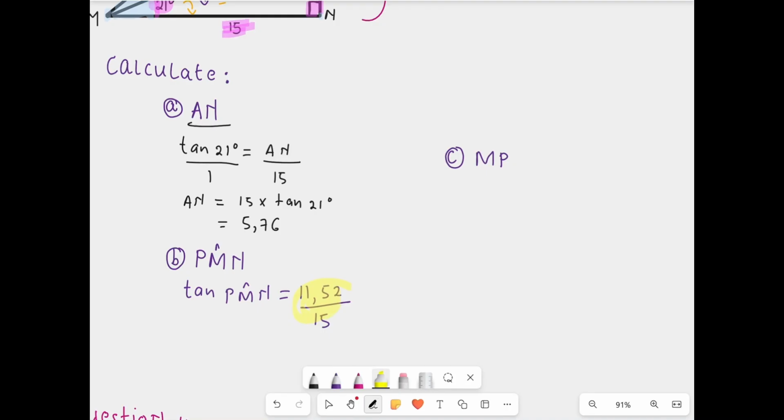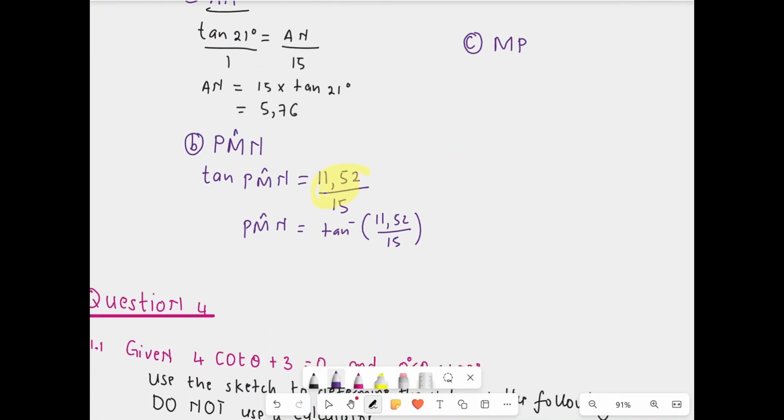So that means the angle that we are looking for, angle PMN, is equal to arctan of 11,52 divided by 15. Remember, arctan means on your calculator you will press shift and then you press tangent of that value. Now if we calculate this, it will give us 37,52 degrees.